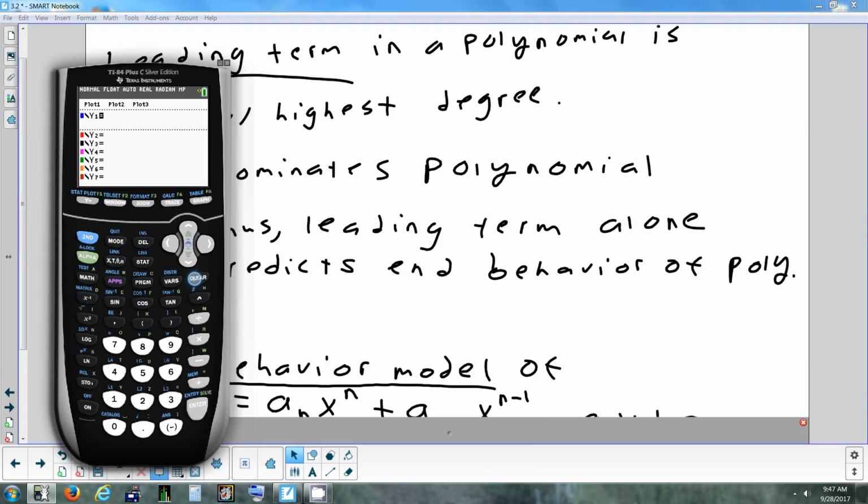Right, so basically, if you had something like 2x cubed minus 3x squared plus x plus 1, it doesn't really matter what it is exactly. What's the only term there that is going to predict the end behavior?